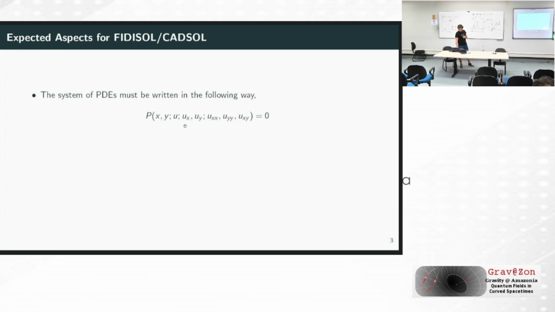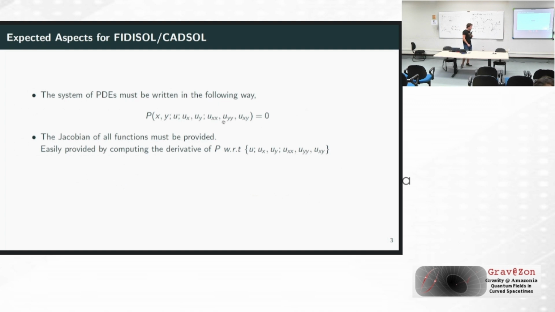Then u_x, u_y, u_xx and so on are the derivatives of the function with respect to the coordinates. You put everything on one side and say that it must be equal to 0, so that you can find the zeros of this system.